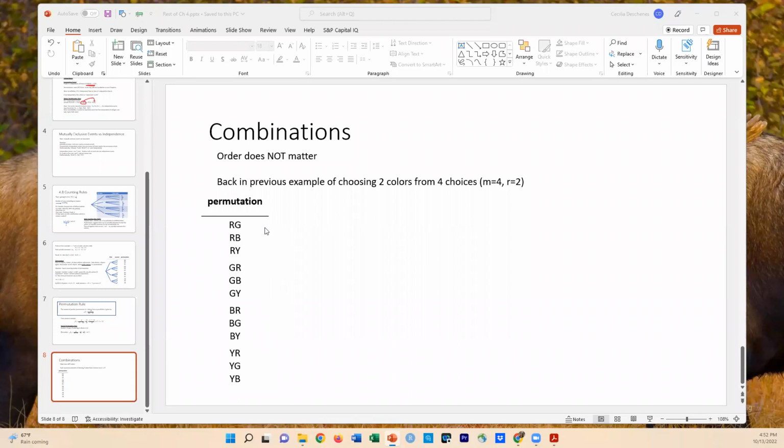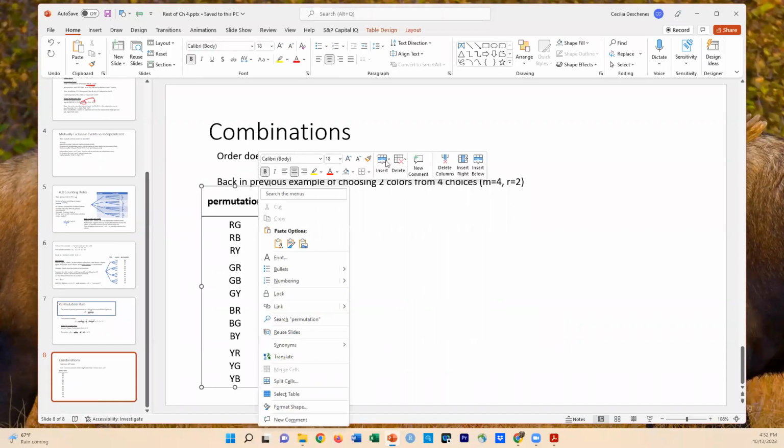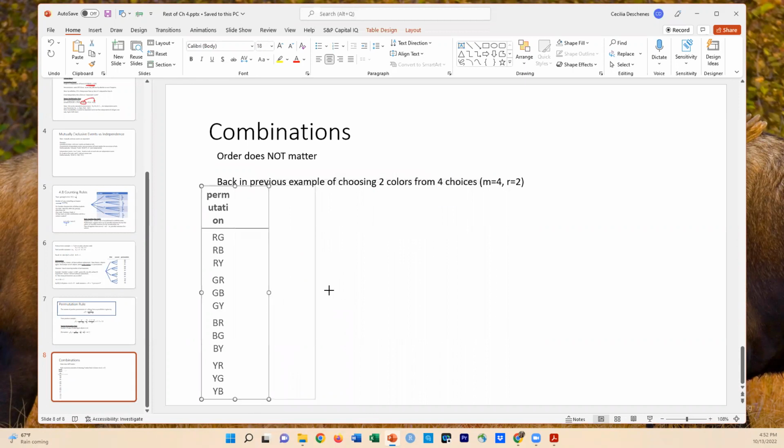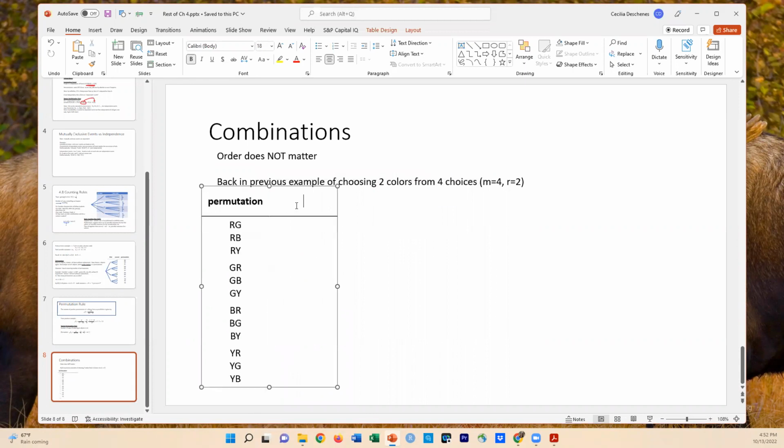Okay, so here are the permutations that we had arrived at before. And when we're going to try and think about what are the combinations, we basically are going to take what's here.